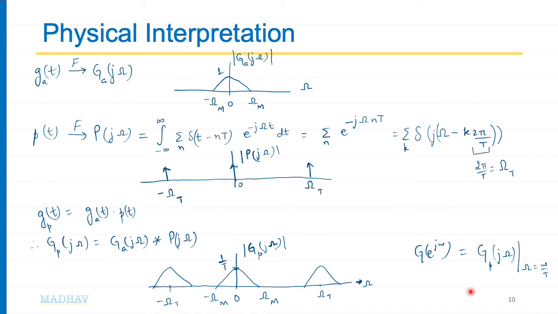So this is the physical interpretation which we have seen. If you multiply capital omega t with capital T, what do you get? You get 2 pi. So that's why your period becomes 2 pi, 0 to 2 pi, and that is your period in the discrete time Fourier transform.